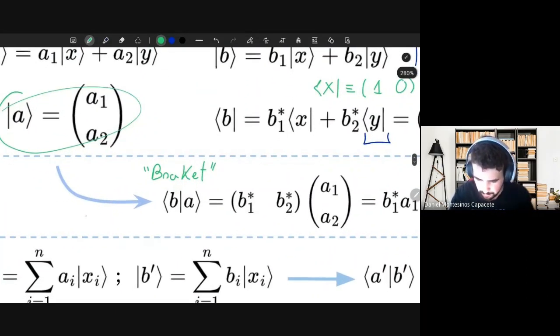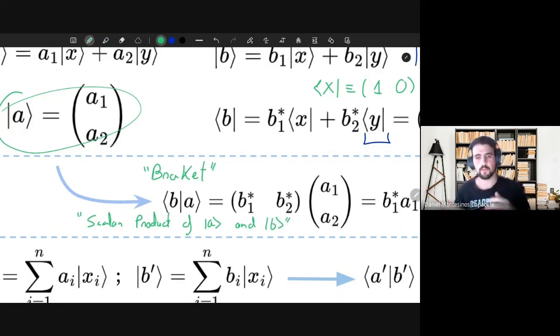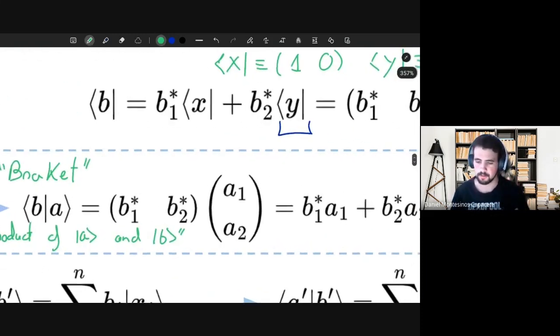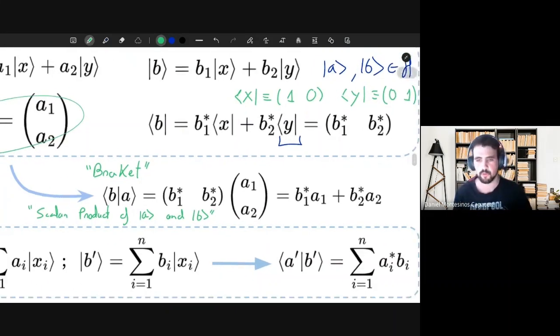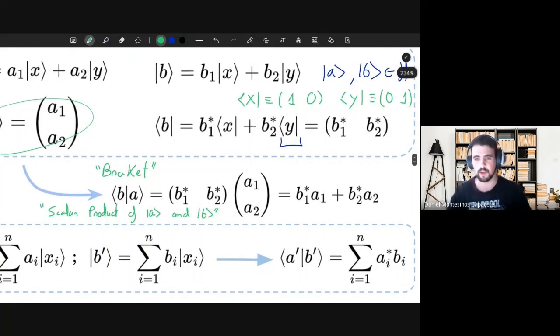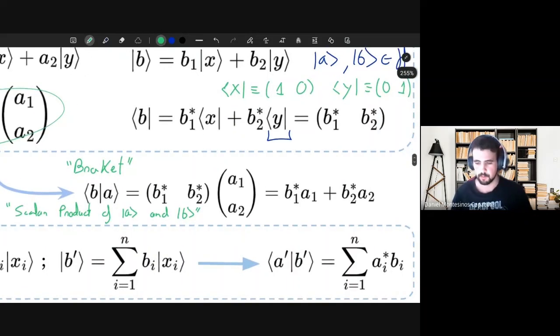So this is the scalar product of A and B, right? This is the way that we define the scalar product, and you will see that it's quite reasonable. Take the matrix representation. You could also do this without the matrix representation, but I have done it using the matrix representation.